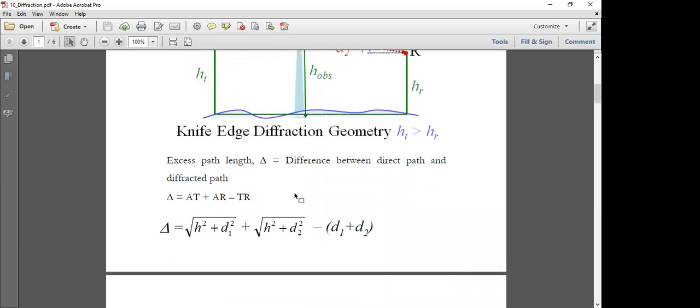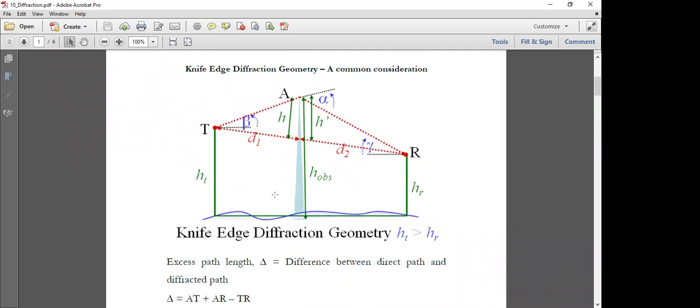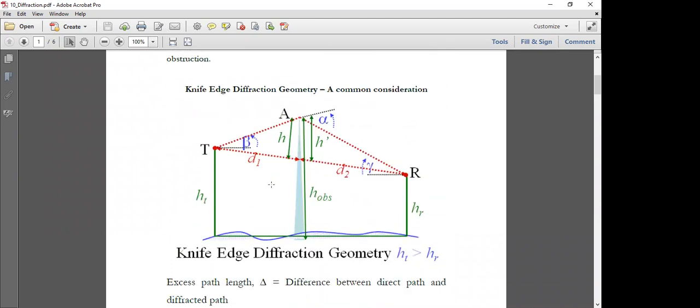Now we will use a model where we consider that between the transmitter and the receiver, again with heights HT and HR, we have an obstacle. The top of the obstacle has a sharp edge.